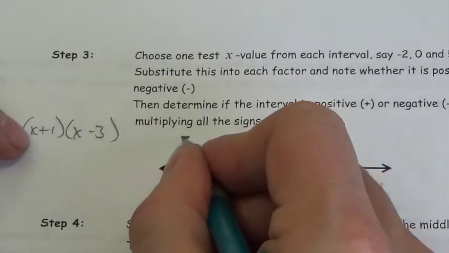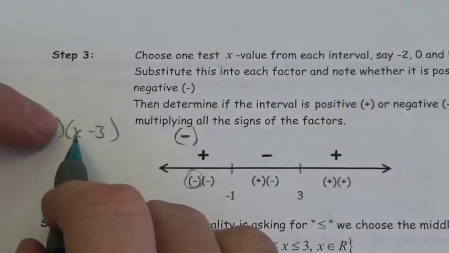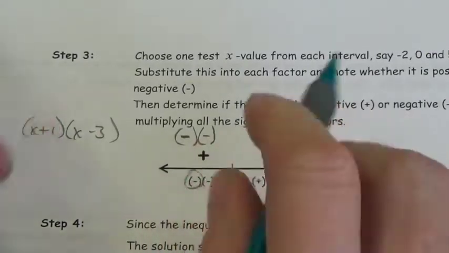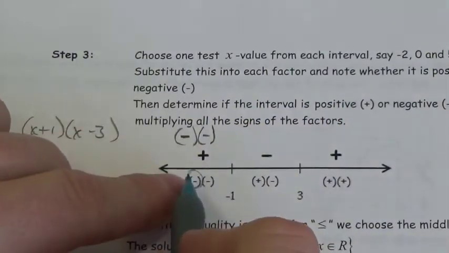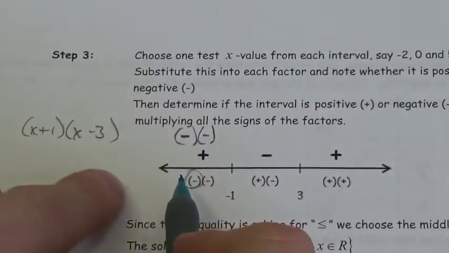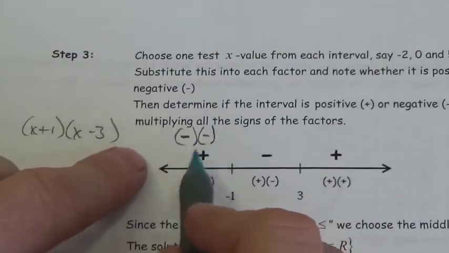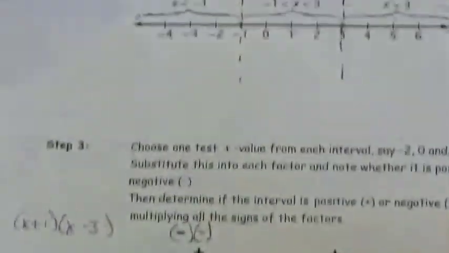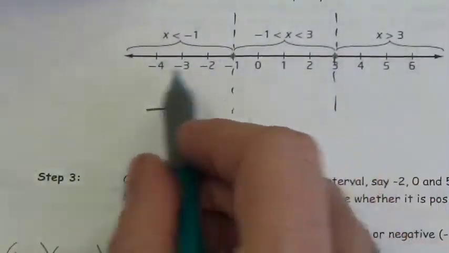Negative 2 minus 3 is also going to get us a negative. So negative 2 produces a negative and a negative. Together, they multiply out to become a positive. So the whole function is going to be positive in this interval.